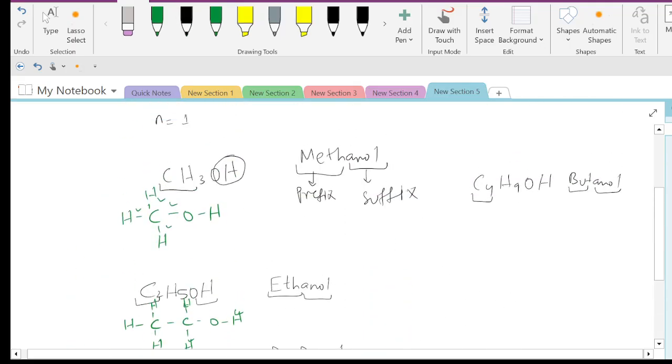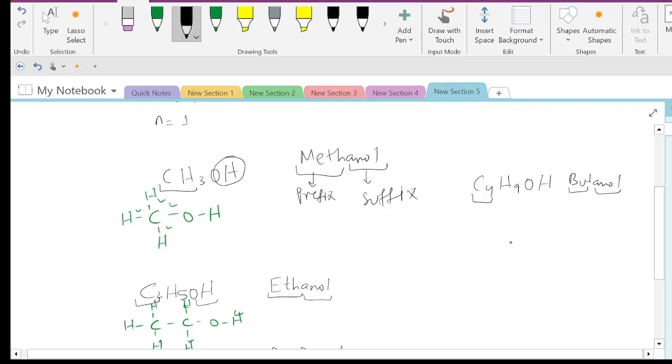Now coming to the butanol. It is also making two isomeric structures. So 4 carbons, each carbon fulfilling the 4 bonds, right?